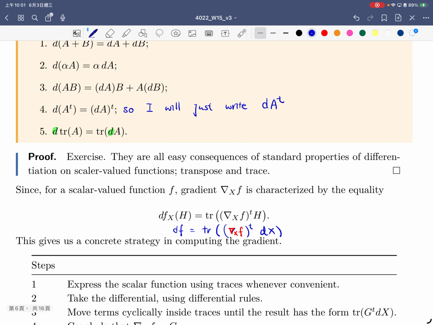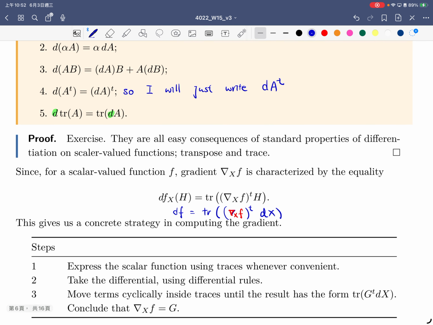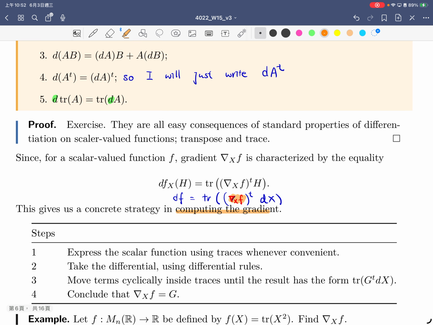So remember, the second line is just a lazy way to remember the first line. And because of this equation, it gives me a very concrete strategy for computing the gradient. What is the concrete strategy? Okay, so I lay out a few steps.